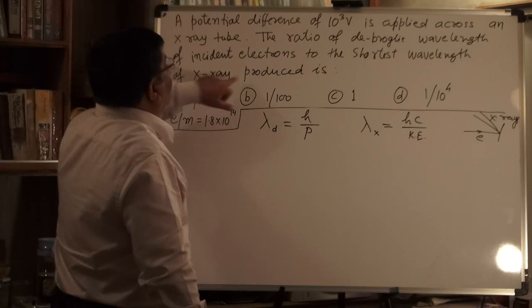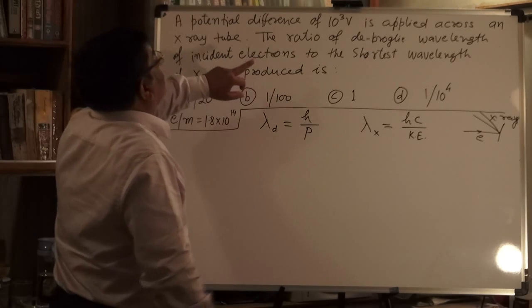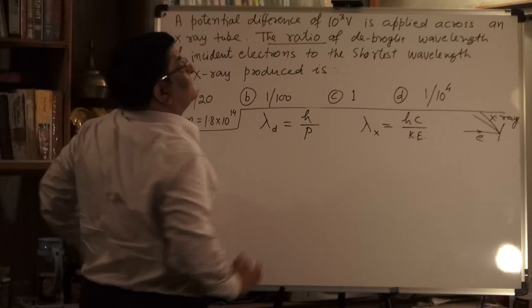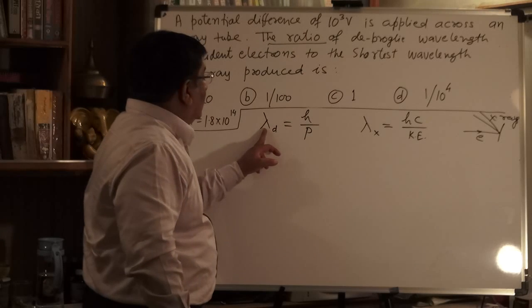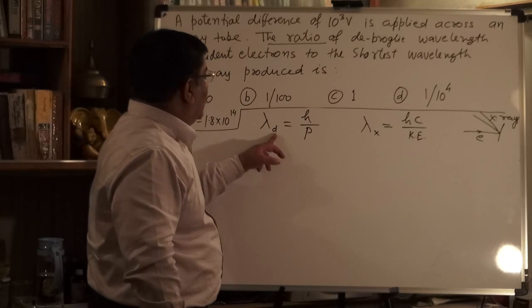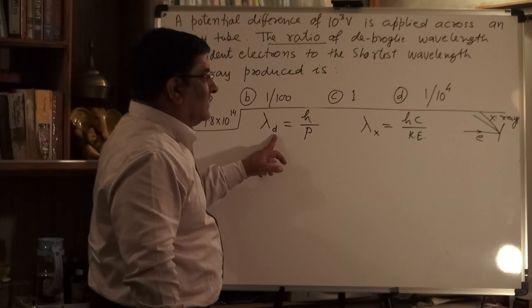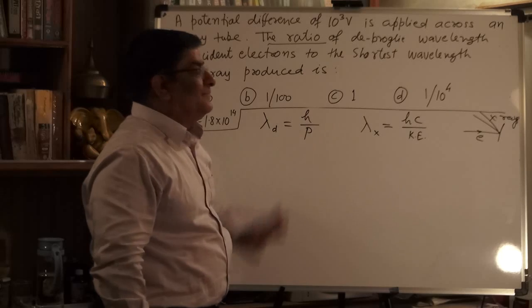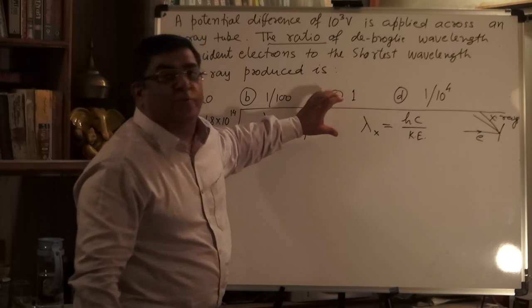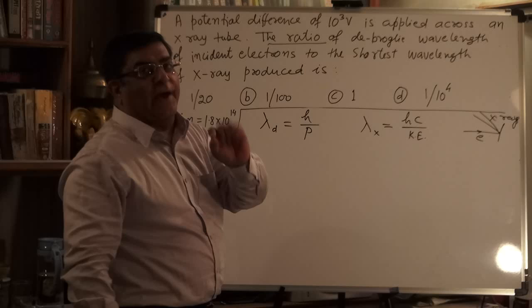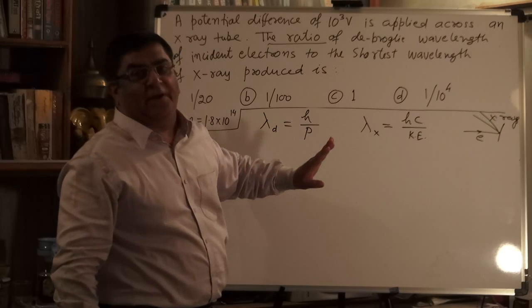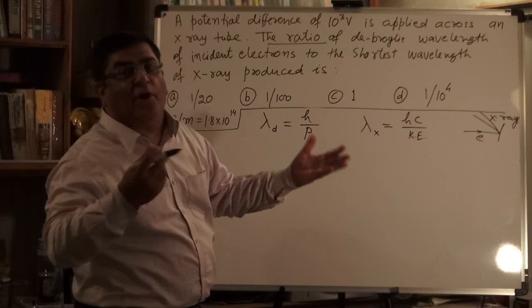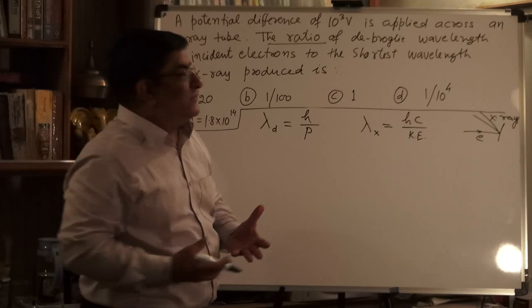Now what do we have to find? We have to find the ratio of lambda for the electron, the de Broglie wavelength of the electron, and lambda for X-rays. If we want to make the ratio, we should have the terms in such a way that we are able to cancel them, or put in the values.